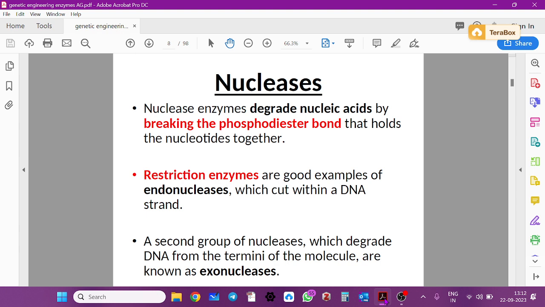Endonuclease, if this is a double-stranded DNA, it cuts from the middle, cuts inside, and digests inside the DNA strands.